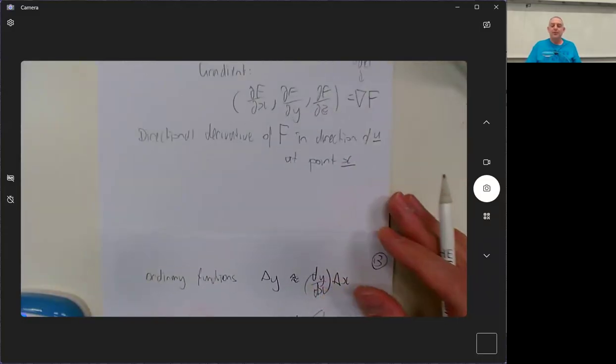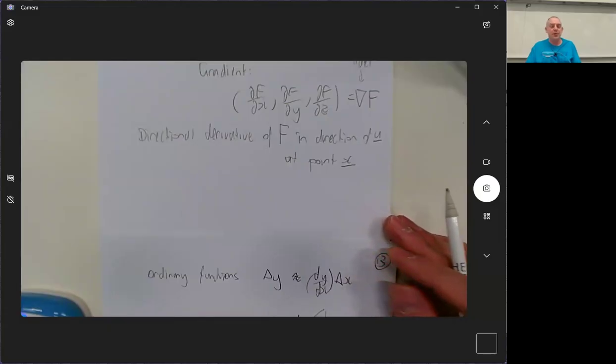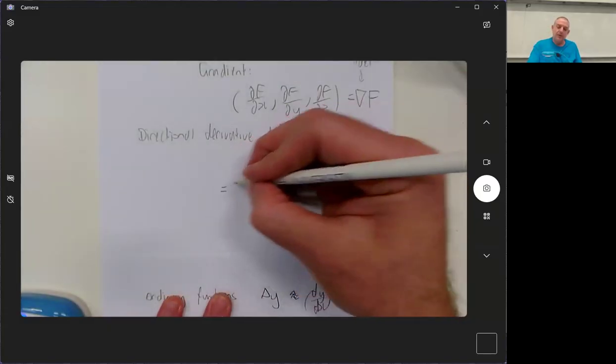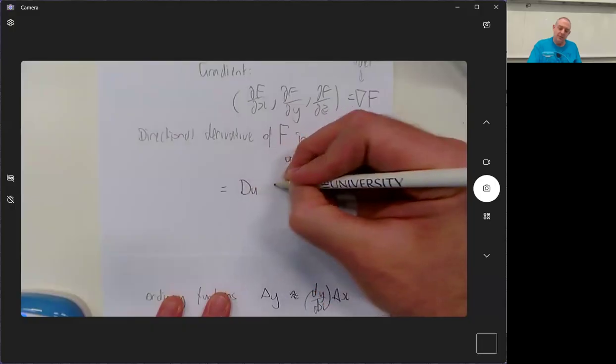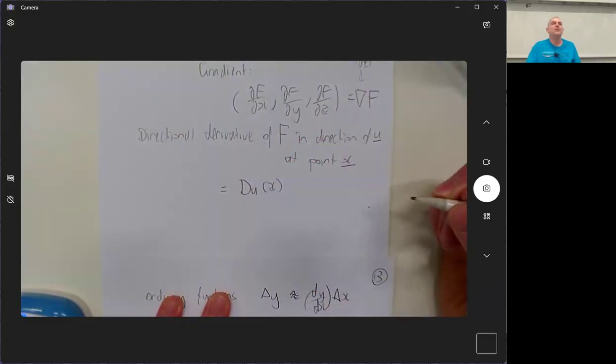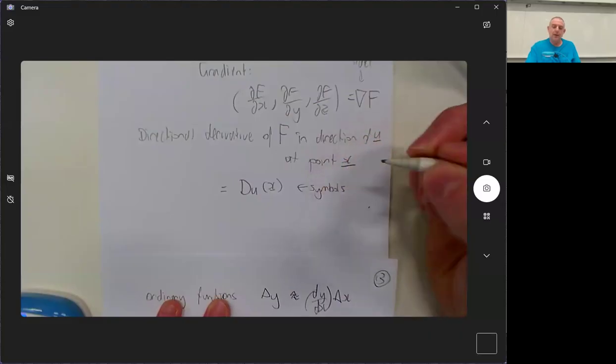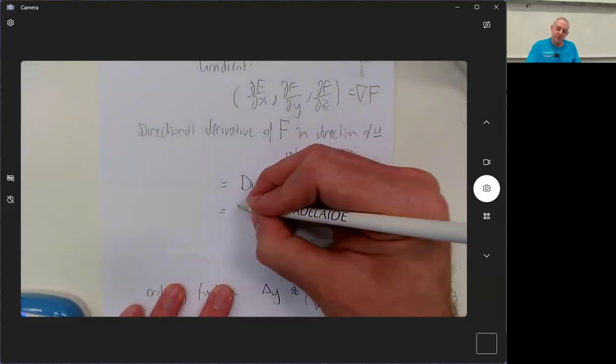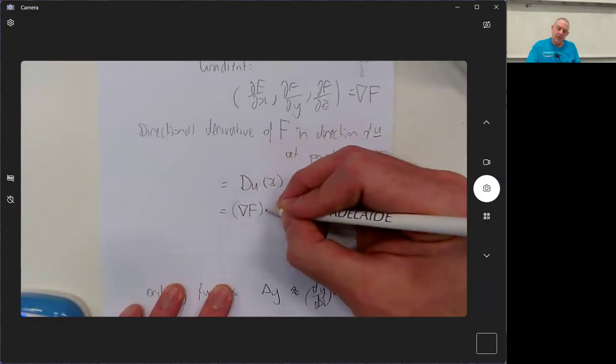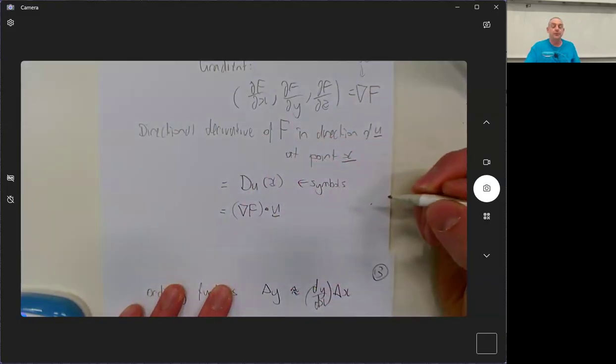So, the directional derivative of f in the direction of u at the point x is defined to be this. That's the symbols. And the definition is the gradient of f dot with u.